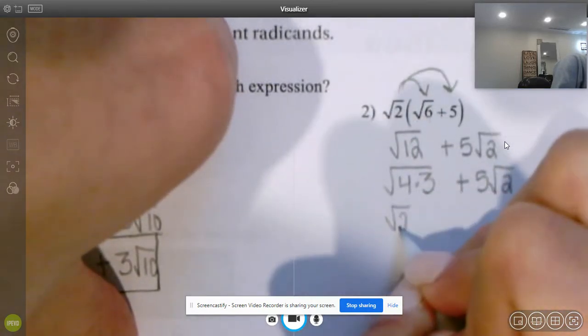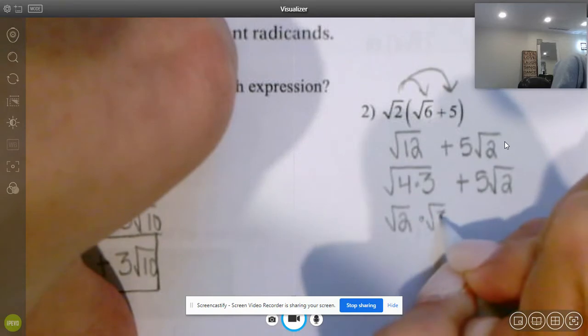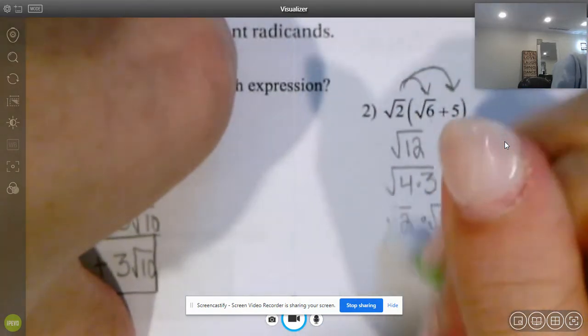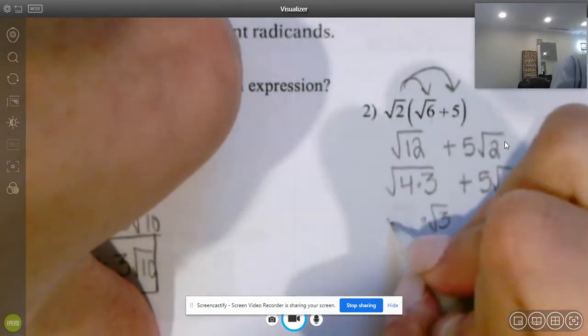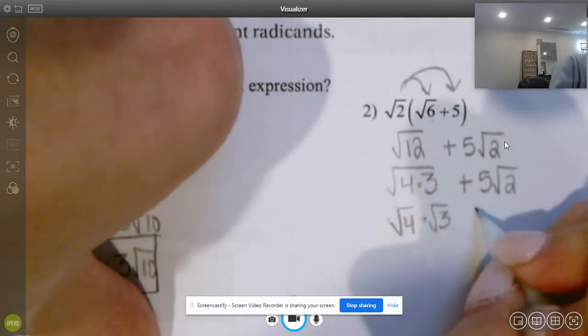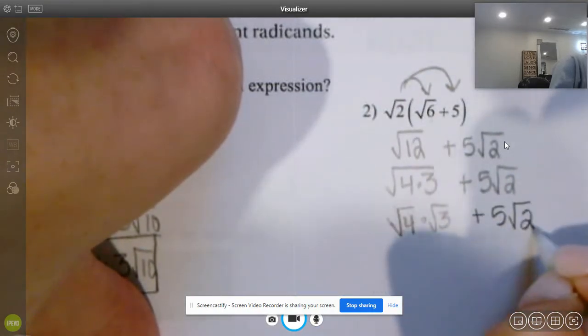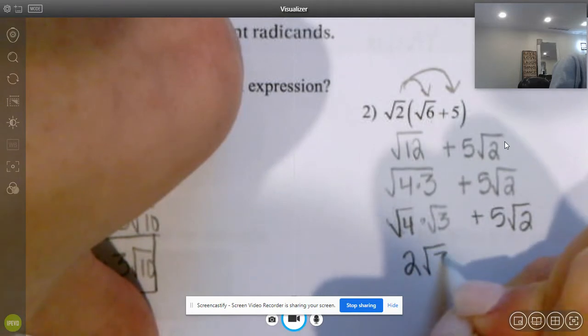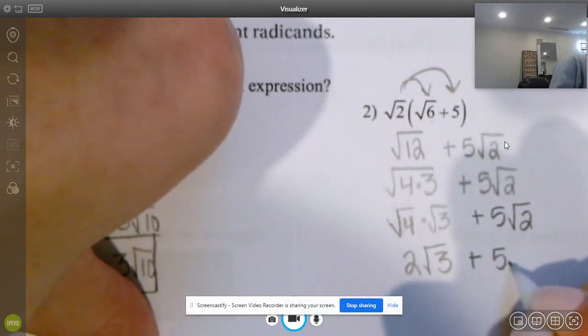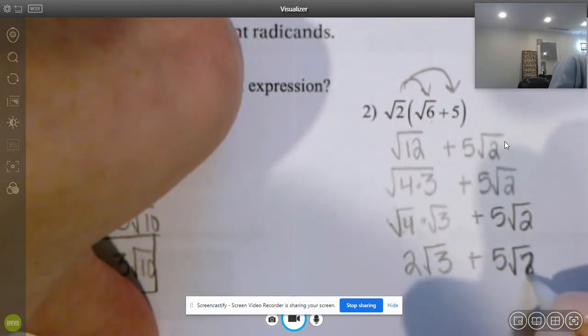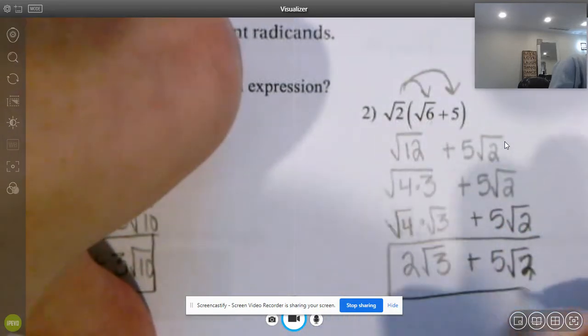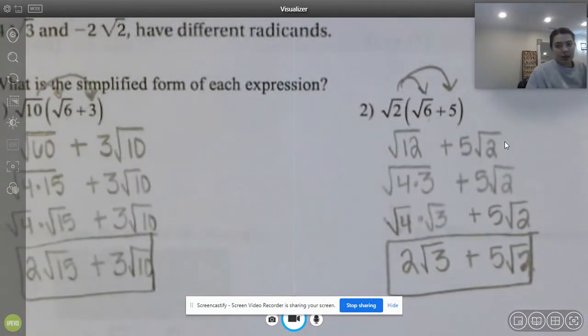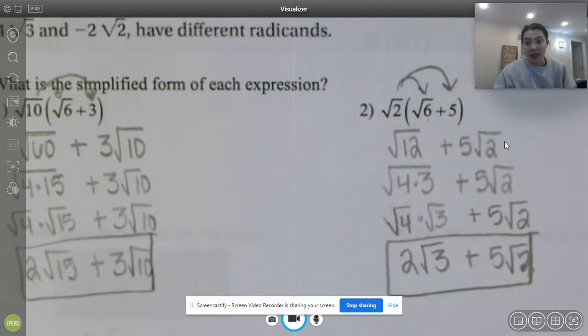This can be rewritten as, I'm sorry, not the square root of 2, just the square root of 4, right? Square root of 4 times square root of 3 plus 5 root 2. This turns into 2 root 3. And this stays 5 root 2. And unfortunately, that is in its simplest term. We can't really do much else with that.